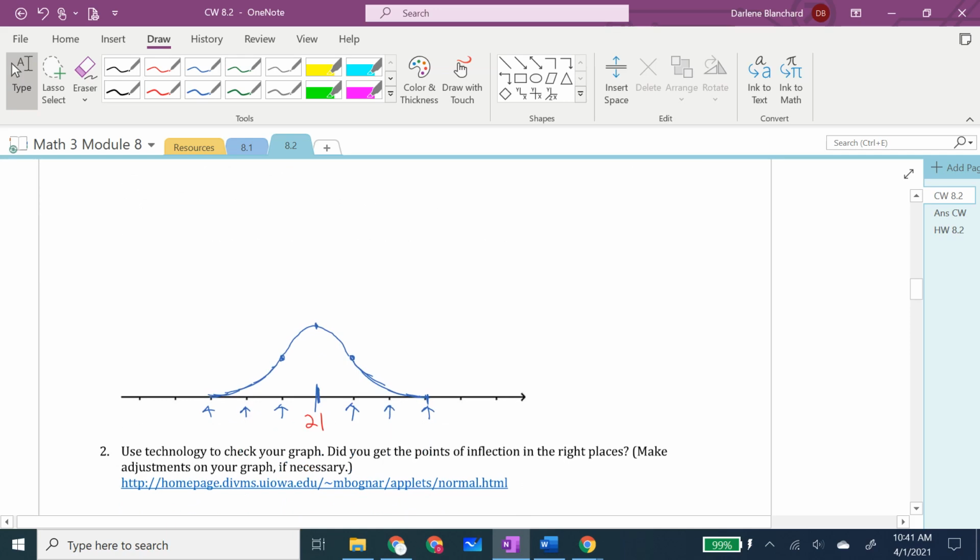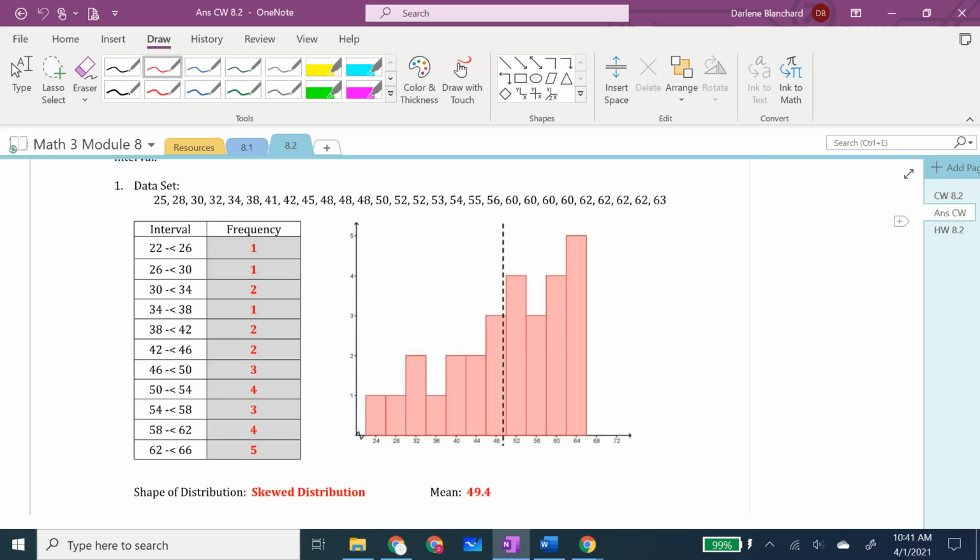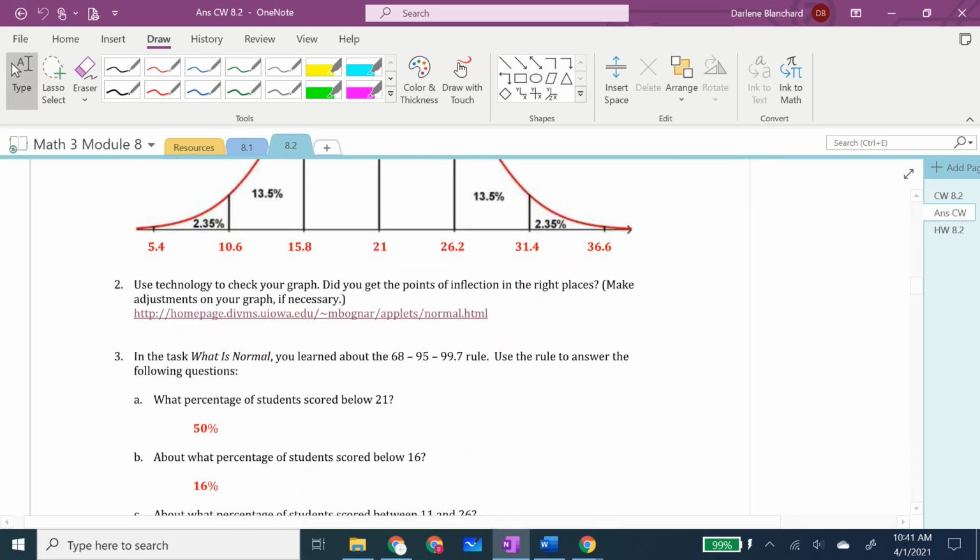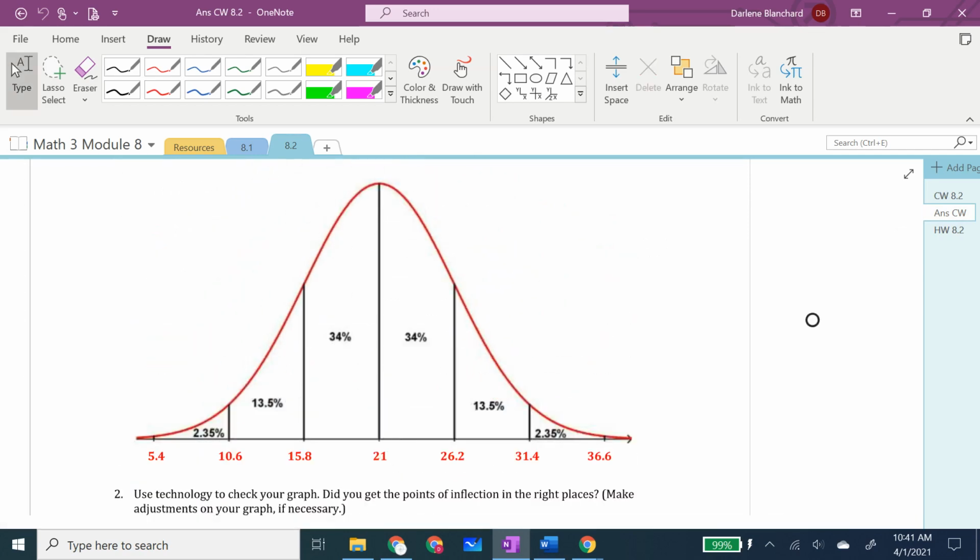So 21 plus 5.2 is 26.2. Plus another 5.2, and basically just continue that for 3 standard deviations. And that gives you the following numbers.